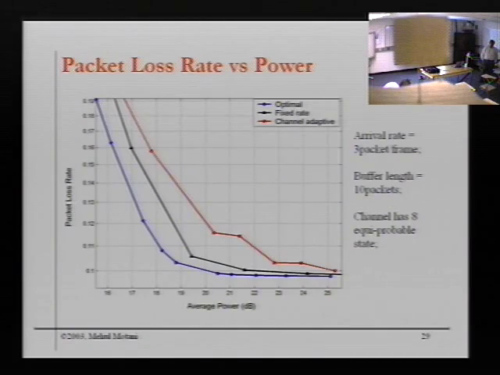I think the channel inversion wouldn't work at all, because some bad state would eat up all your average power. But he truncates, so he would turn off the worst states. He has another parameter there.